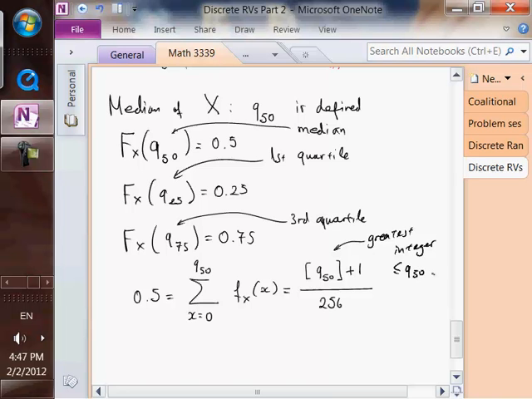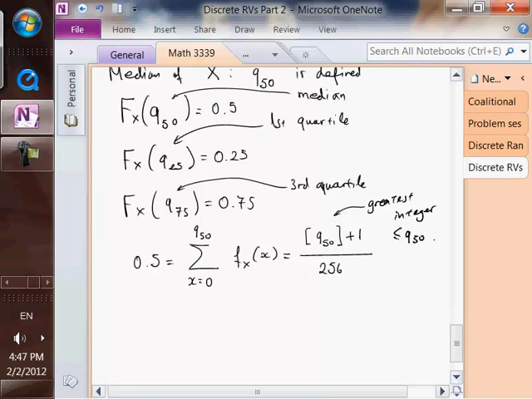Okay, we can start investigating. Let's see if Q50 is equal to 128. Would that work? Not quite, because it's 128 plus 1 divided by 256. You're slightly over 0.5.